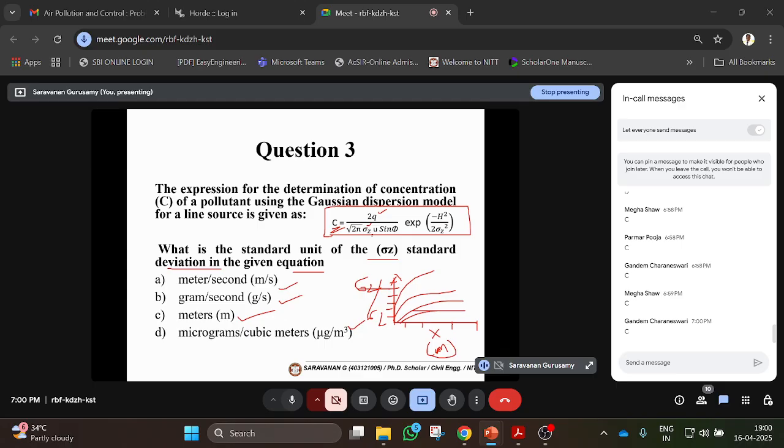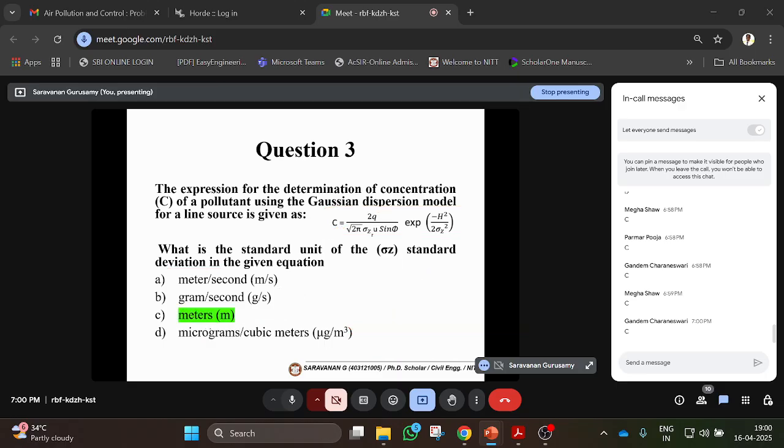So if I know 1000 meters and it is a C stability class, I can find my sigma Z or sigma Y. What is the unit? Sigma Y and sigma Z are in meters. Some formulas are also there to find sigma Y and sigma Z if you know the stability class and the x value. So the answer is meters.